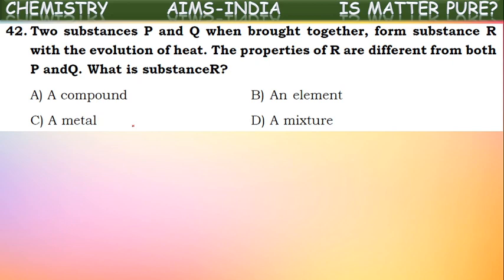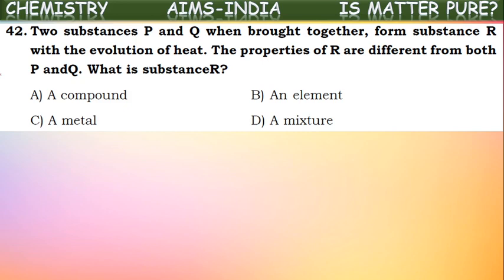They're asking to find out what product is formed. P and Q are two substances brought together, then a substance R is formed from those two by evolving certain heat, and the properties of R are completely different from both P and Q. So what is this R they're asking?